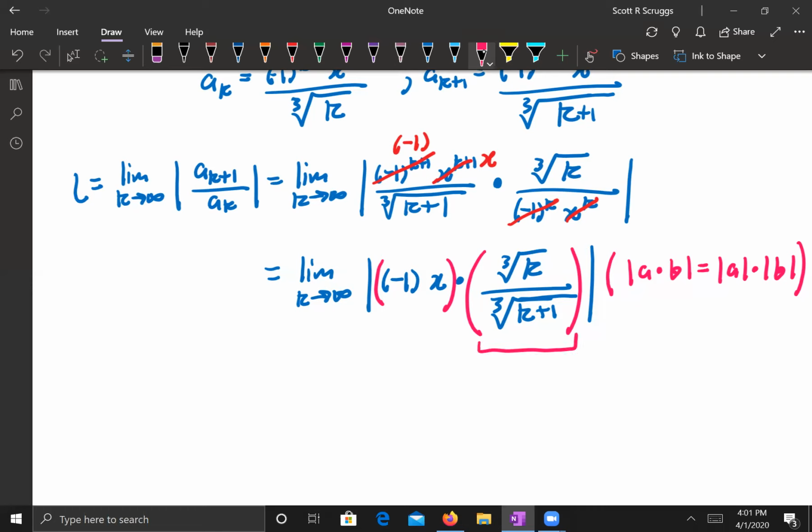And also for this term, I'm going to simplify it even further because they're both cube roots, which means they're both being raised to the 1/3 power. And so I'm going to invoke the property that the quotient of two numbers with the exact same power is equal to that quotient, and then that whole quotient being raised to that power.